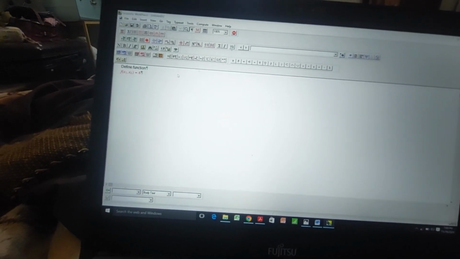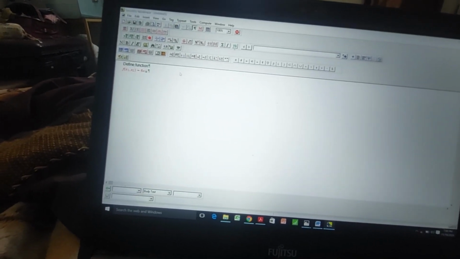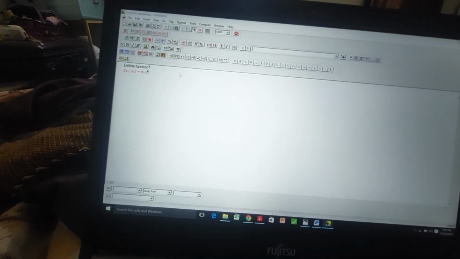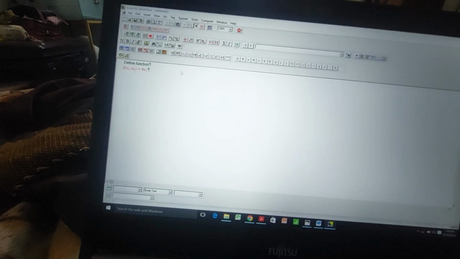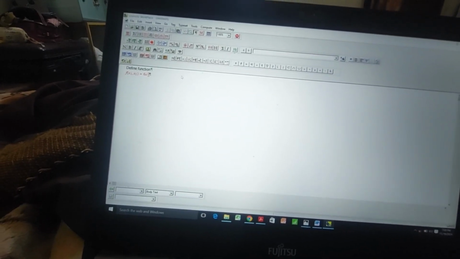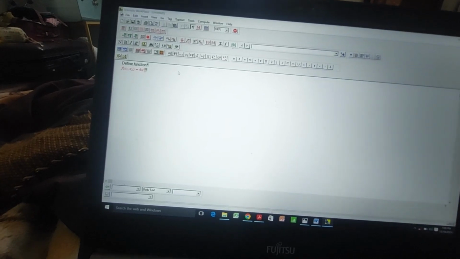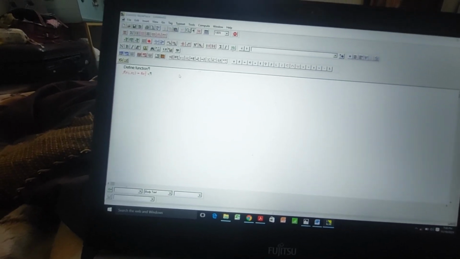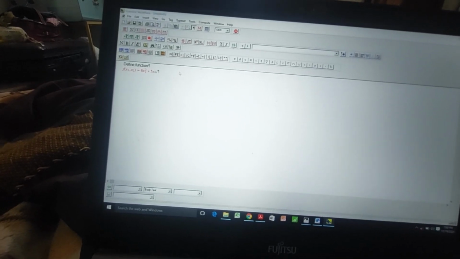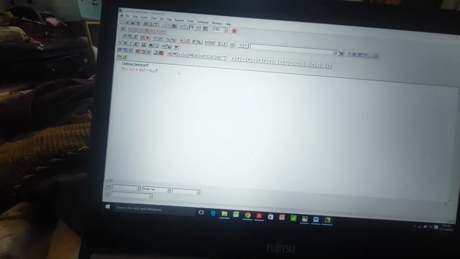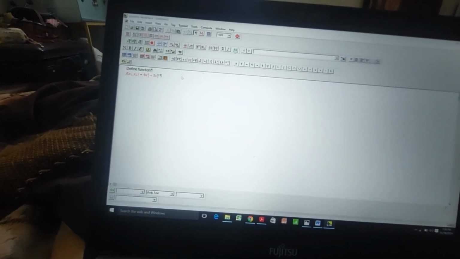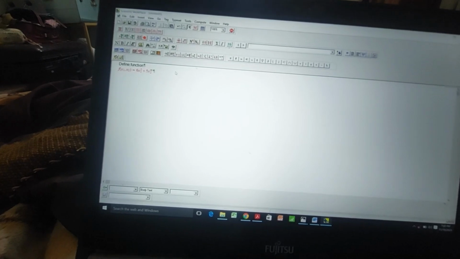For 6x1, I would say control L, 1, press the space bar and control H, and here I would write 2. Plus 5x control L 2, space bar, control H, and I will write 2 over here.